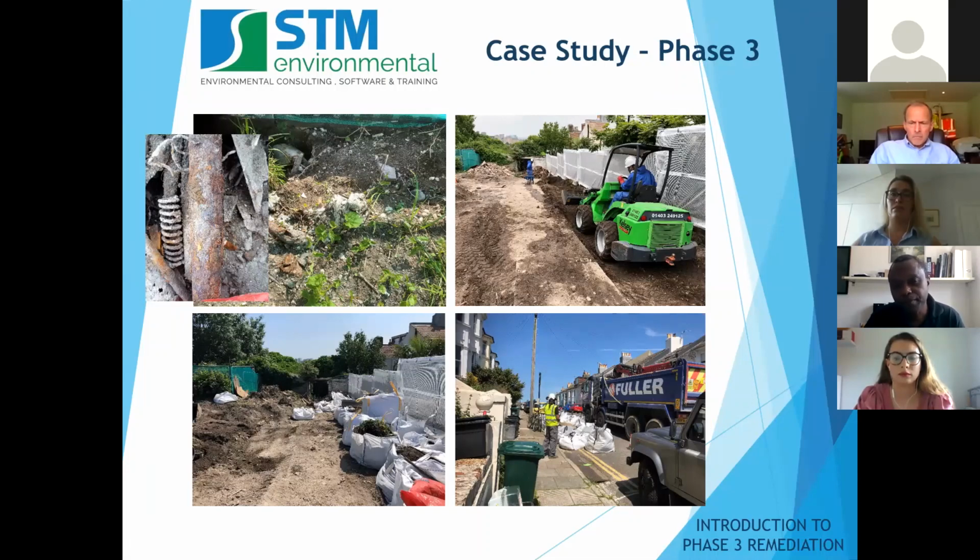So for some years, builders used it and just dumped everything they could onto the land, and then covered it with some soil and left it. That includes asbestos. So there's quite a lot of asbestos on the site, and that gave us lots of other problems.